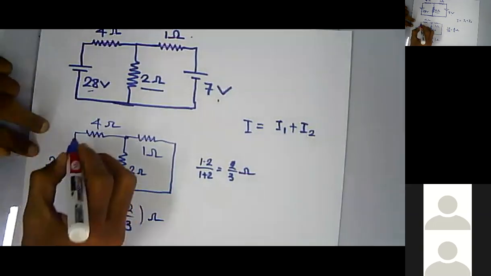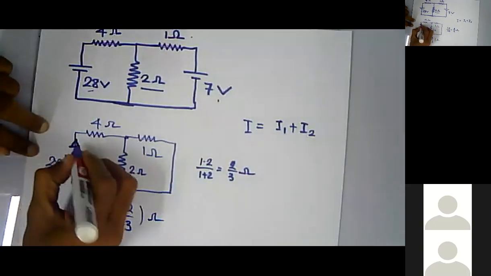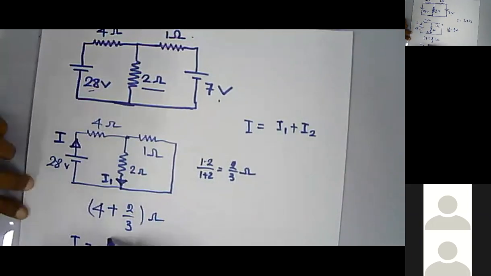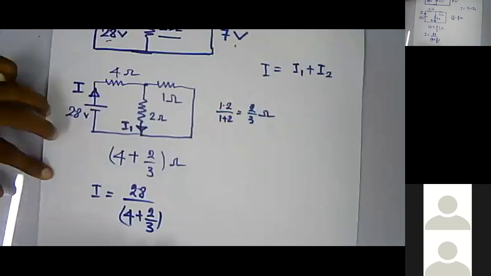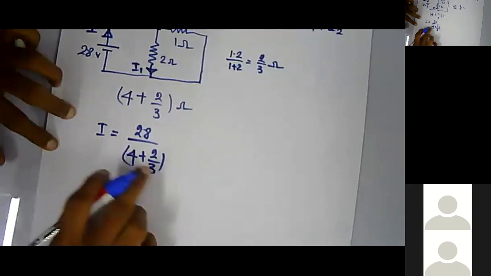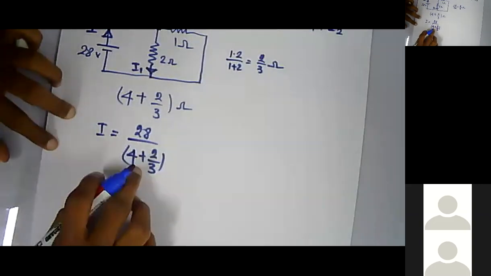Then the current through the circuit, let this be I, equals V over R, which is 28 over 4 plus 2/3. Now 4 into 3 is 12 plus 2, 14 over 3.